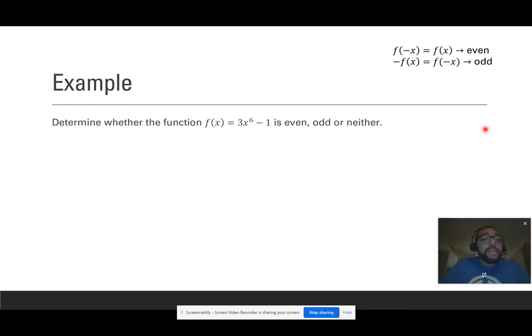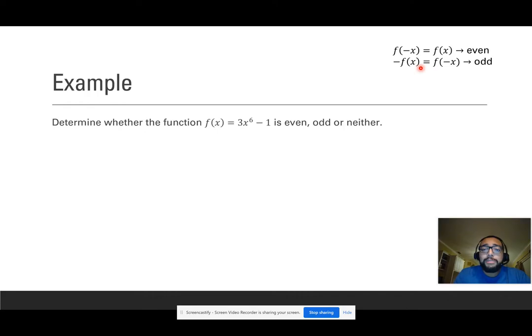Cool. So let's determine whether the function f of x equals 3x to the 6 minus 1 is even, odd, or neither. If it doesn't fit any of these criteria, that means it's neither. If you look at these, the common thing is f of negative x.